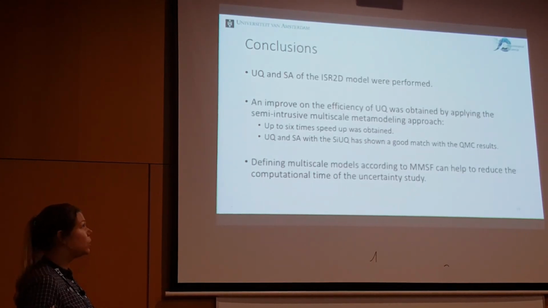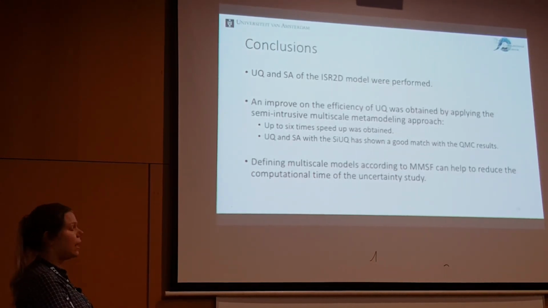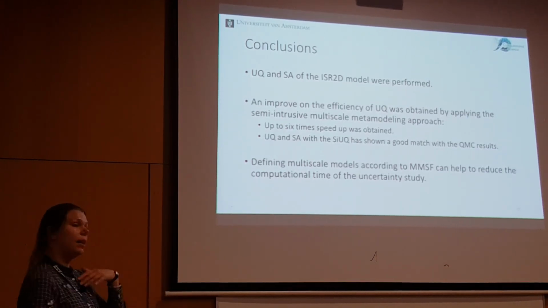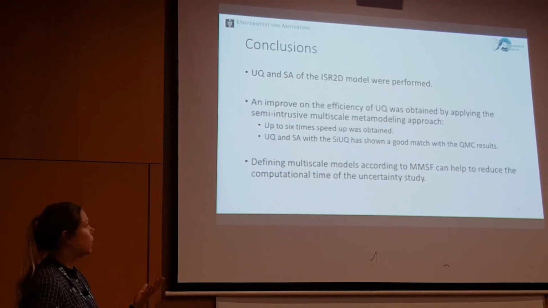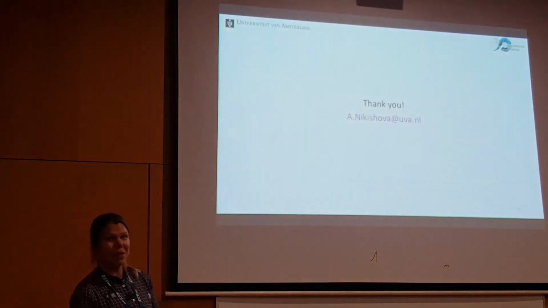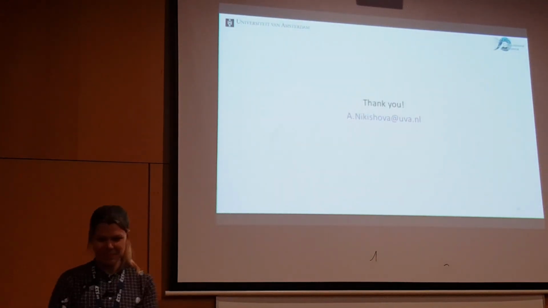And our main conclusion is that such a design of a multi-scale model, where you are able to consider single-scale models as a single black box, is very important and can give you advantages when you want to perform analysis of uncertainty. That's it. Thank you very much.